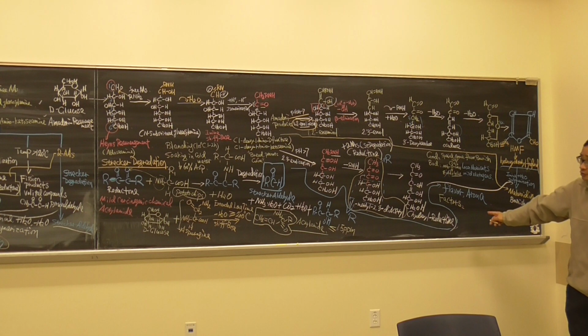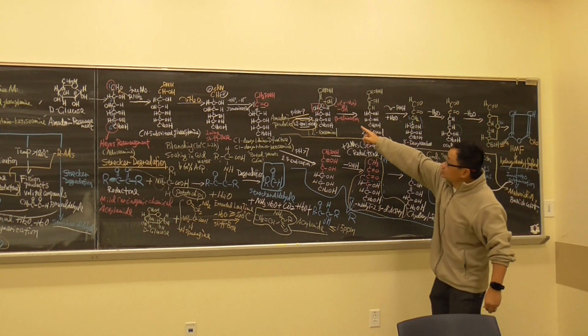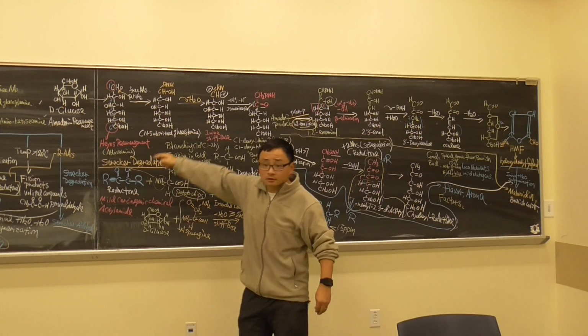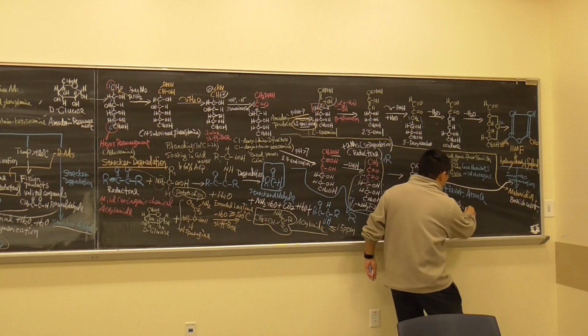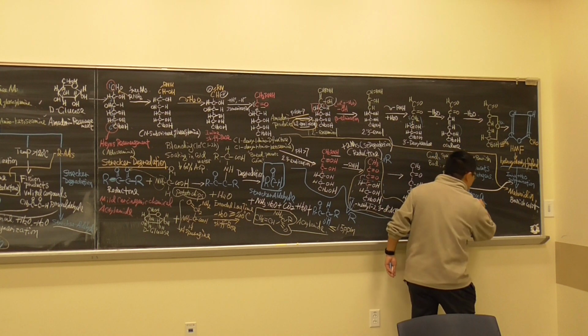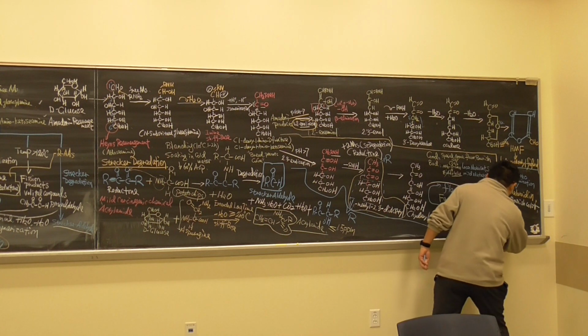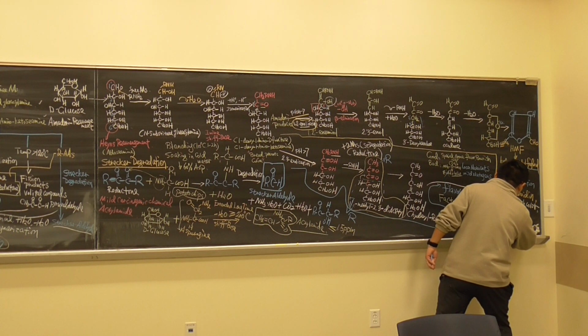What are the factors that affect the Maillard reaction? Number one, water activity is better at 0.6 to 0.7, which means equilibrium moisture content is about 30%.